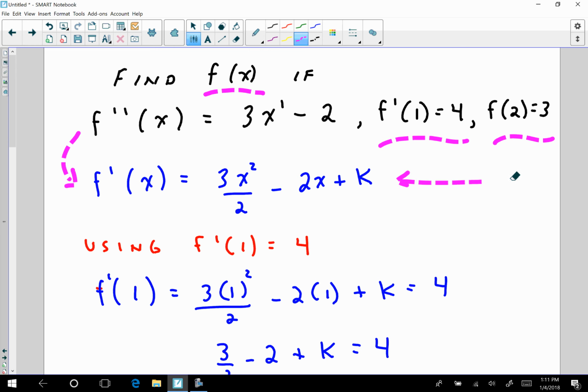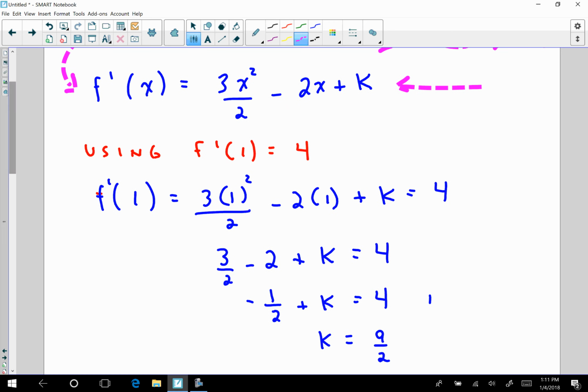What I'm going to use now is the fact that f prime of 1 is equal to 4. So wherever I see x in f prime, I'm going to put 1, and the output will be 4. So let's do this very carefully. Let's put 1 in here. I have 3 times 1 squared over 2, minus 2 times 1, plus k is equal to 4. Doing some 5th grade arithmetic here.